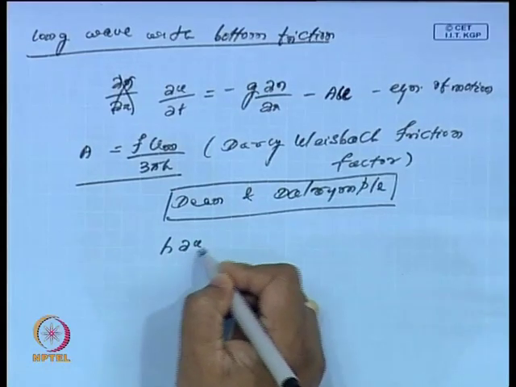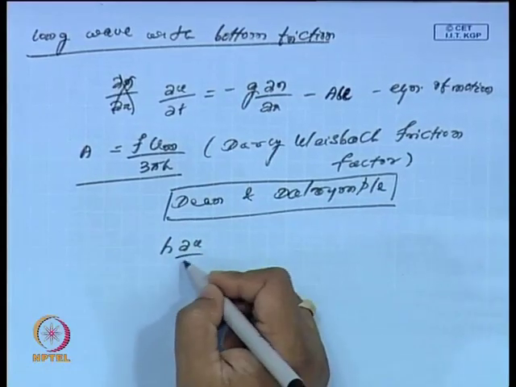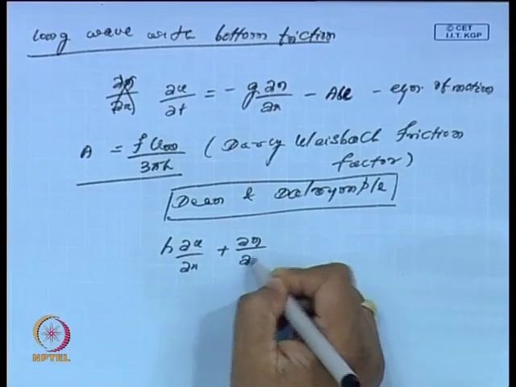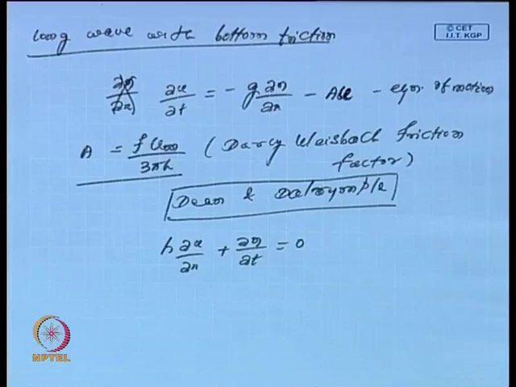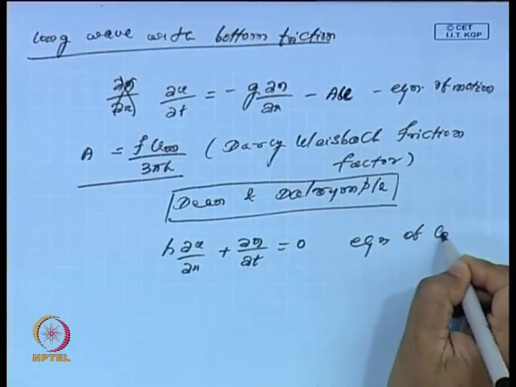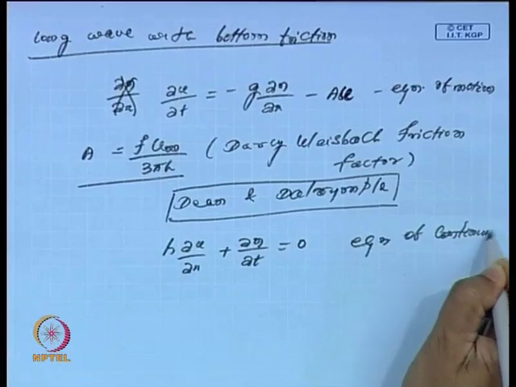that is, h del u by del x plus del eta by del t equals 0. This is our equation of continuity in the case of a long wave.